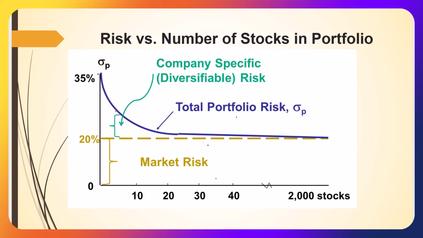This is why a diversified portfolio still reacts to major market downturns, such as the 2008 financial crisis or the 2020 pandemic. So a practical lesson here is that diversification works best when investors combine stocks with low or negative correlations and when they accept that some market risk is inevitable.